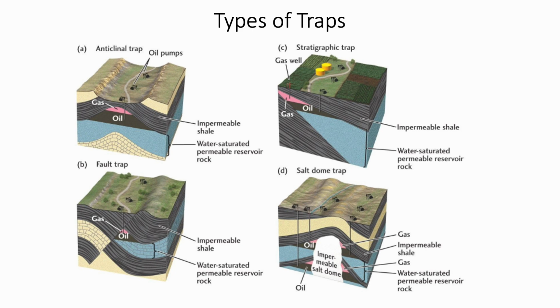The impermeable salt acts as a barrier, trapping hydrocarbons in the adjacent reservoirs. In all these traps, impermeable layers like shale or salt act as a seal, preventing hydrocarbons from escaping. Since oil and gas are lighter than water, they accumulate at the highest point within these traps, making them crucial for petroleum exploration.